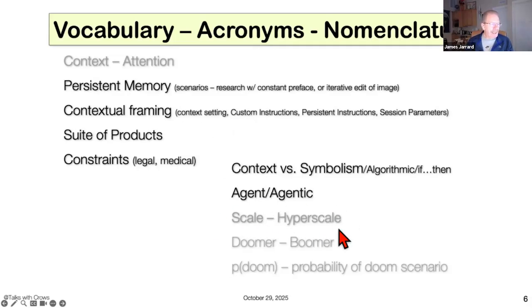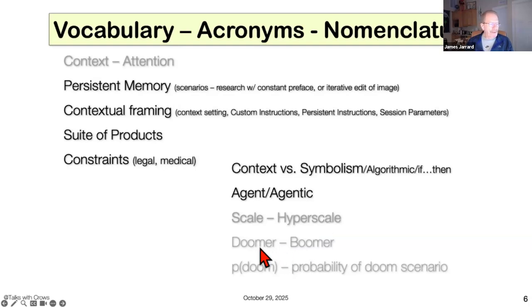Scale and hyperscale. I gave last week the image that Meta is building in their data center. They assume the larger the AI, the larger the hardware, the more intelligent it will be.